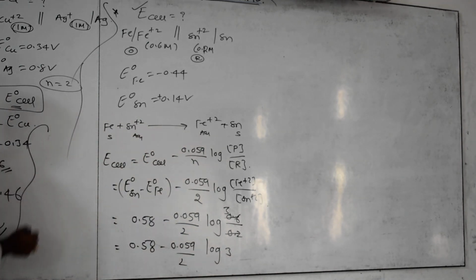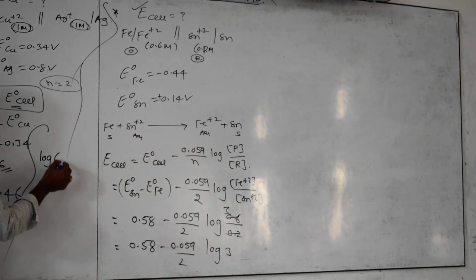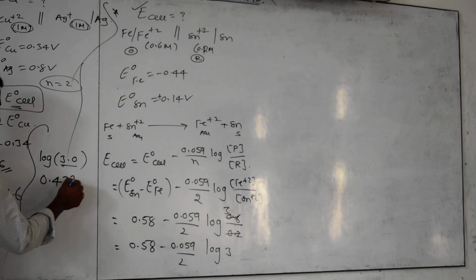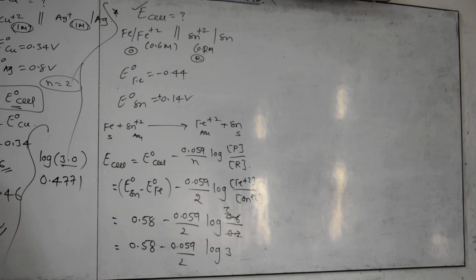You know very well how to see the log 3 value. Log 3 means 3.0. Before the decimal, how many digits? One digit, minus 1, 0 point. How to see? For 30, 0 we have to see. For 30, the value will be 0.477, 4771. Did you get my point?